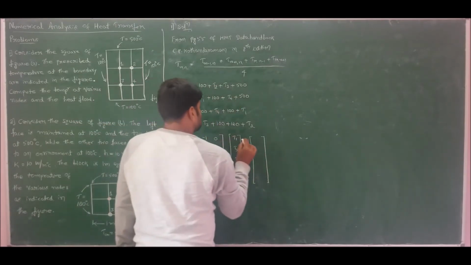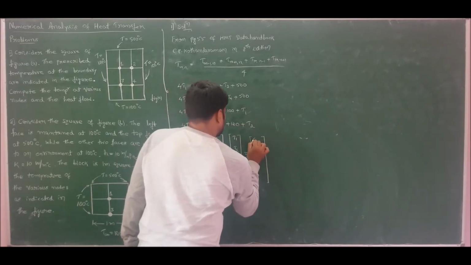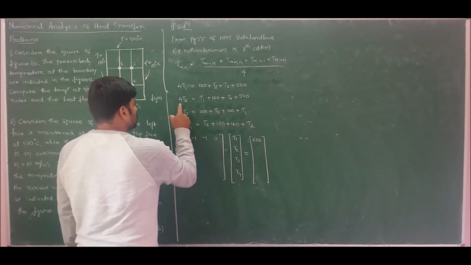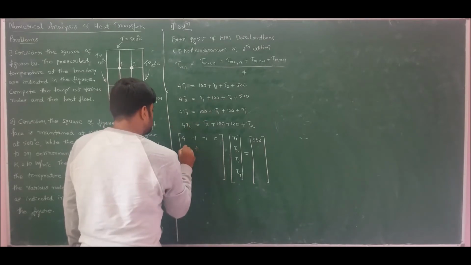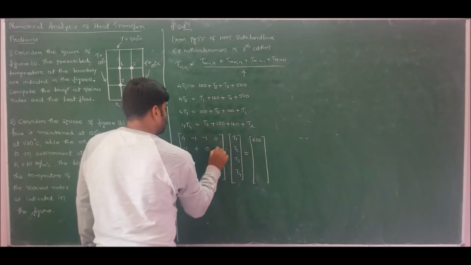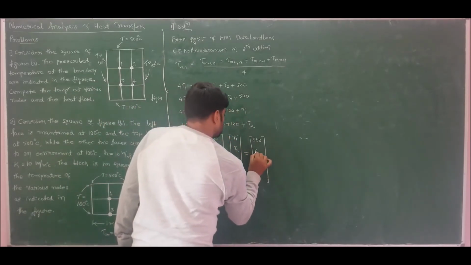Taking the constant to the right hand side, it is plus 600. For T2, the coefficient is 4, the coefficient of T1 is minus 1, T3 is missing, T4 has coefficient minus 1, and the sum is 600.